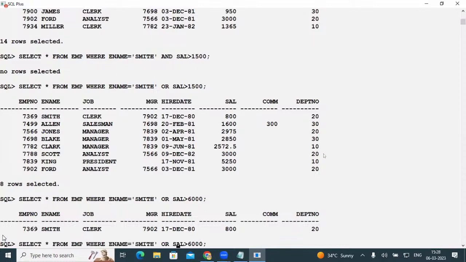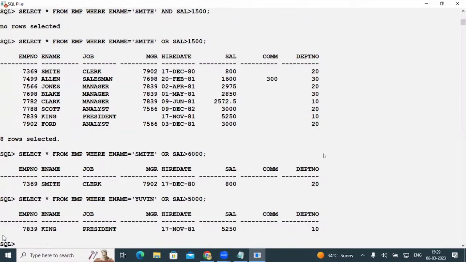Next one. If I'm giving here, Uwin, here I will give it 5. Anybody is there, Uwin name, in my employee table? So first condition true or false? False. Second condition, one condition true. One row is only true. So that means what? How many rows come? One row, president.